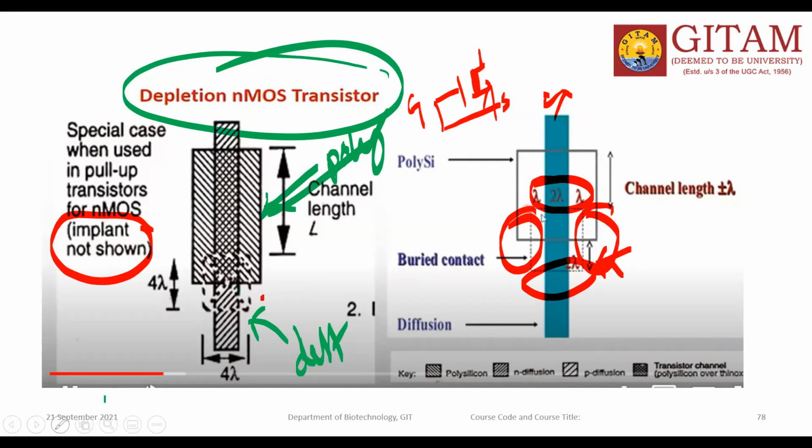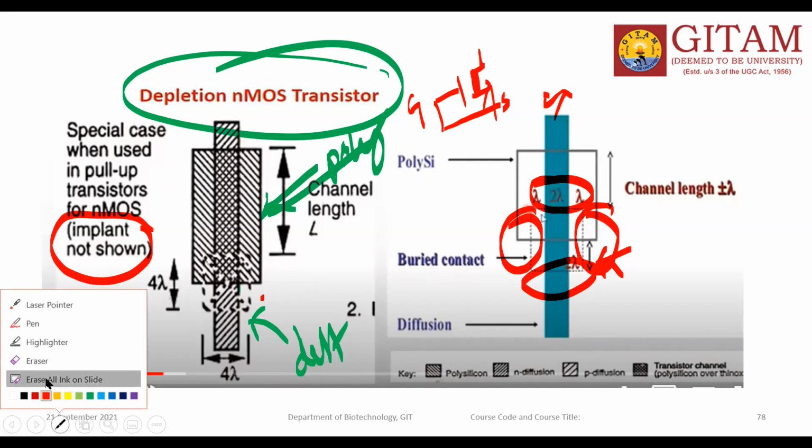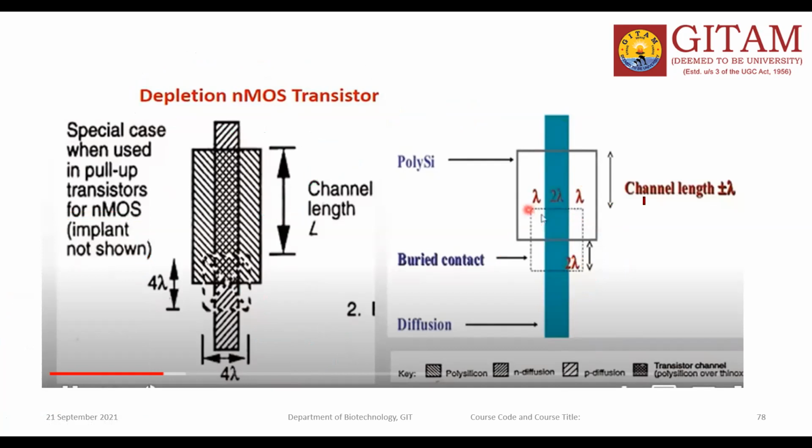So why is it taken like this? Here is the explanation. Here you see the channel length is not fixed. The channel length depends on the alignment of the buried contact. Suppose the contact is up to here, so this is the length of the channel.